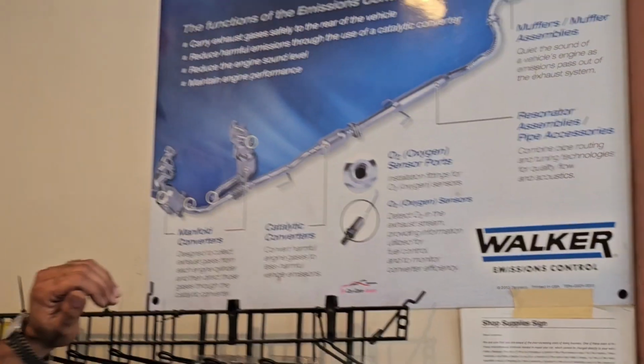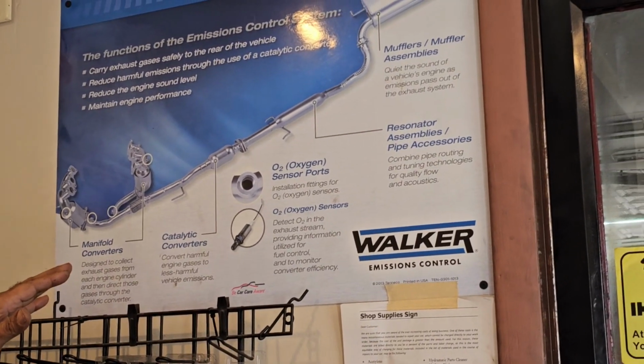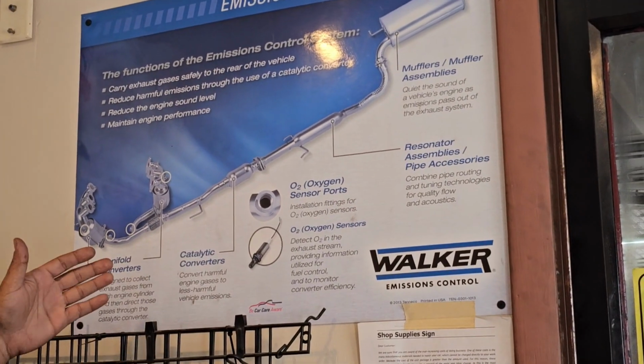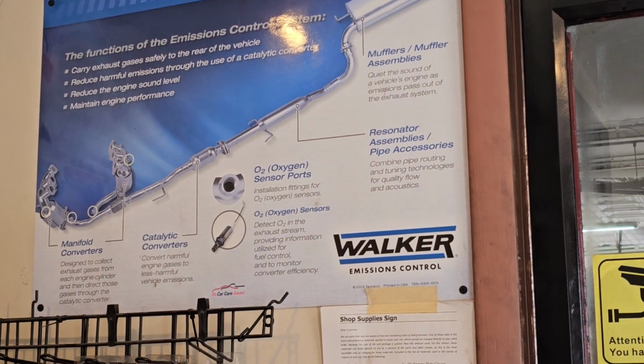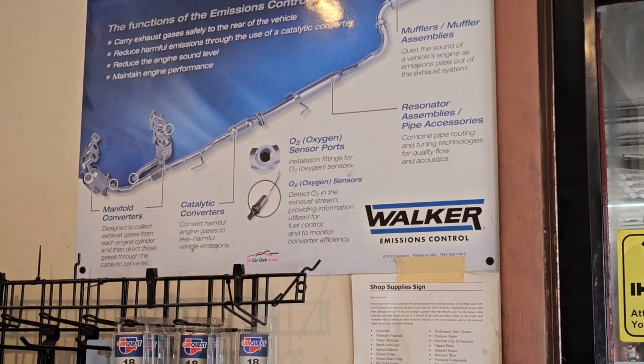If you've got an air leak or exhaust leak, which is introducing oxygen into the exhaust system or taking it out, that can make the computer think the catalytic converter is not doing its job.